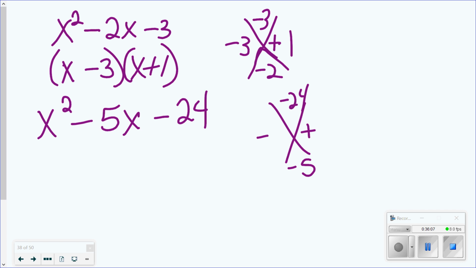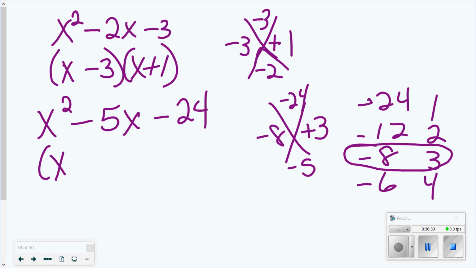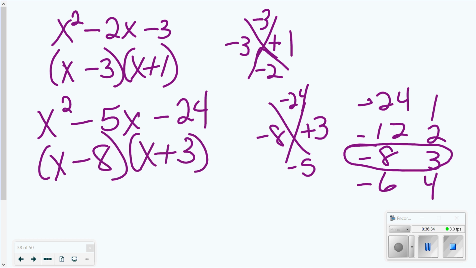In this case, the factors of -24, and you can list them out, would be -24 and 1, -12 and 2, -8 and 3, -6 and 4. And look for which pair adds to be a -5. So it is the -8 and 3, which means our factors are x minus 8 and x plus 3.